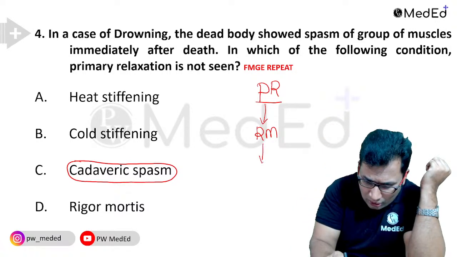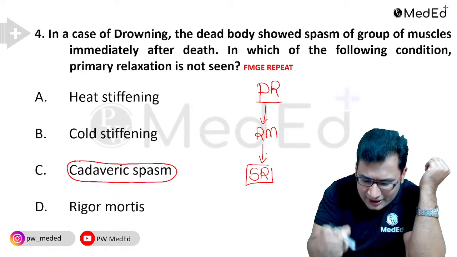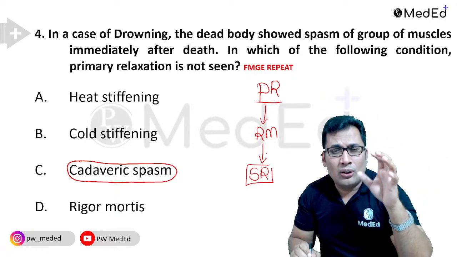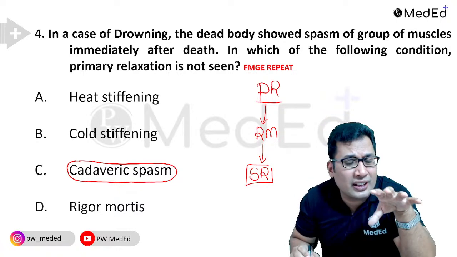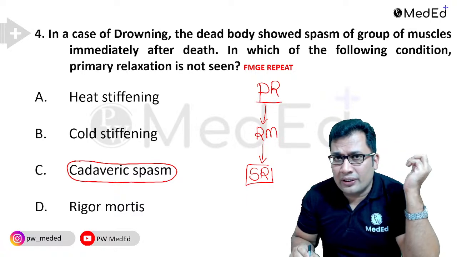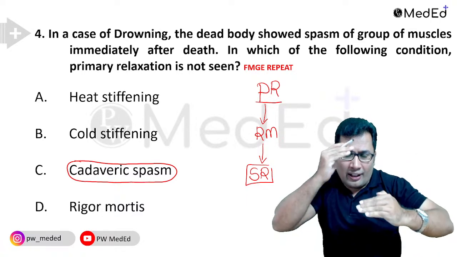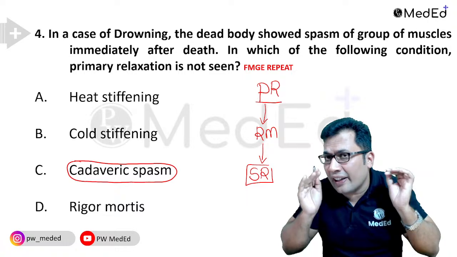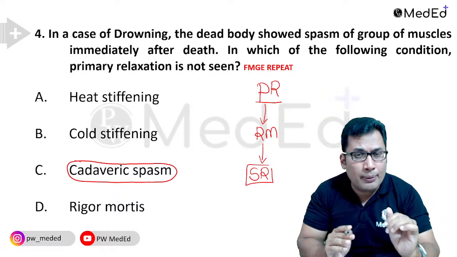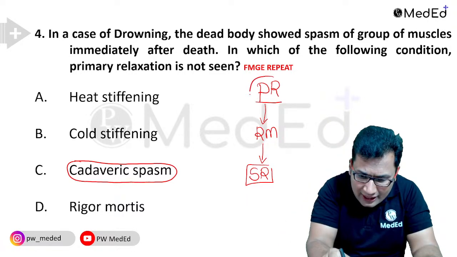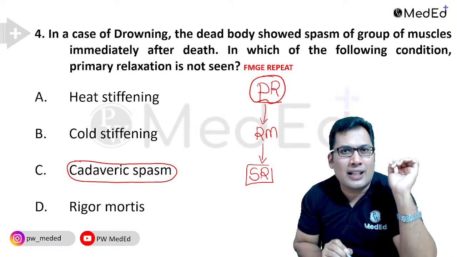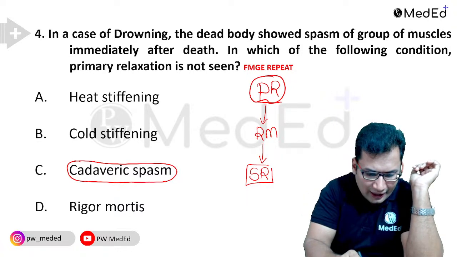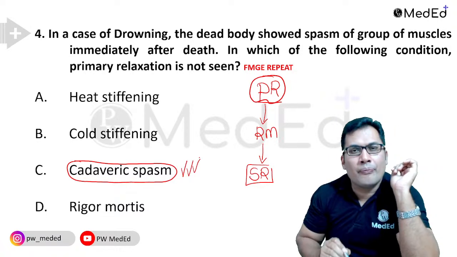Later, all the muscles undergo secondary relaxation. This can be asked in your exam: what is the order of appearance of contraction and relaxation in muscles after death? Primary relaxation, rigor mortis, and secondary relaxation. And remember, primary relaxation is absent in cadaveric spasm. Cadaveric spasm is the correct answer.